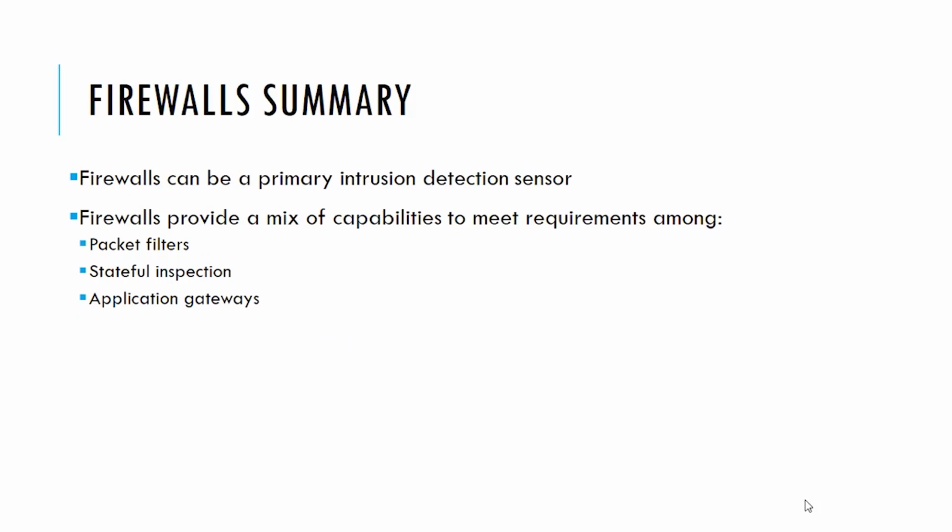To summarize, a firewall can be a primary intrusion detection sensor. It can be your primary and first wall of defense. Firewalls provide a mix of capabilities to meet requirements. You can use packet filters at some times, stateful inspection at other times, application gateways at other times, proxy firewalls perhaps at your border network and packet filters inside your internal network, or on the contrary, use packet filters on the border and proxy inspection at the inside network.